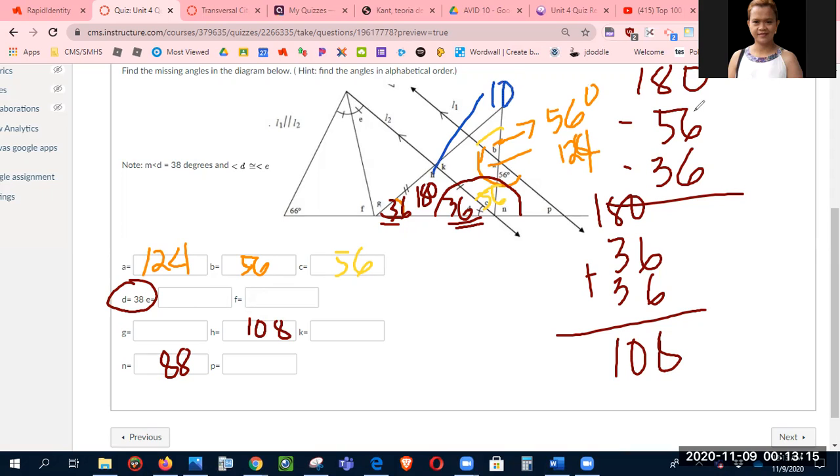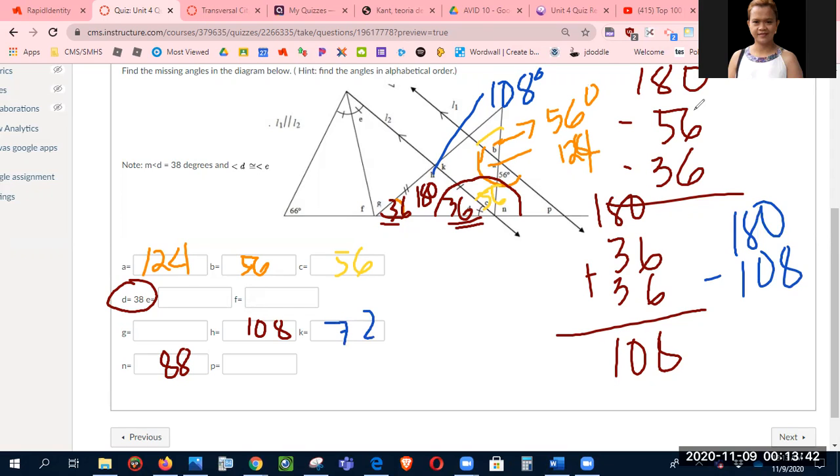Next, H and K are also a pair of supplementary angles. So 180 minus 108 will give you 72. So K is 72.